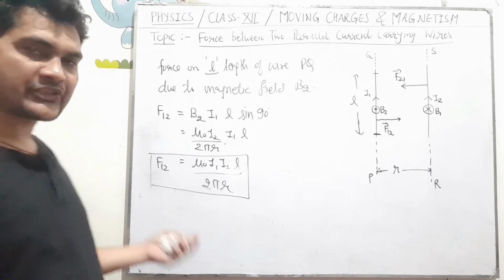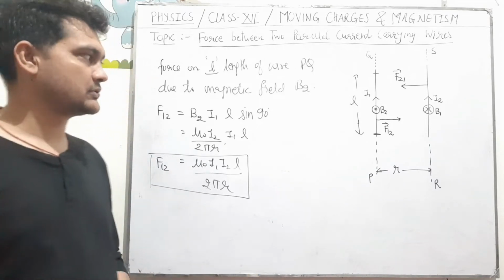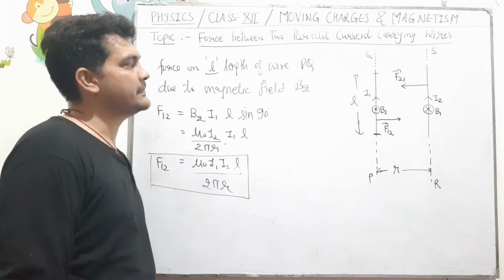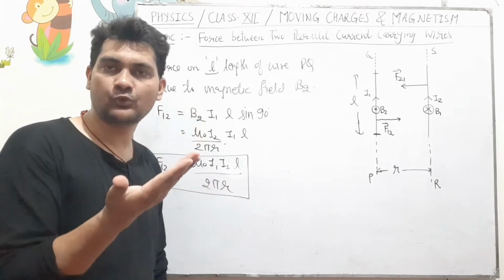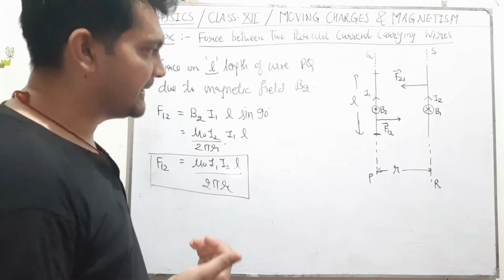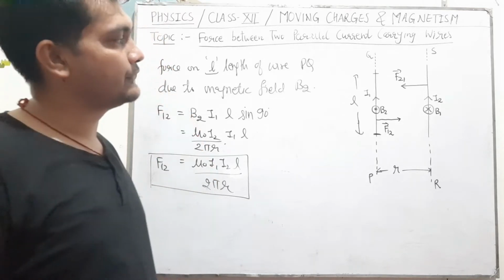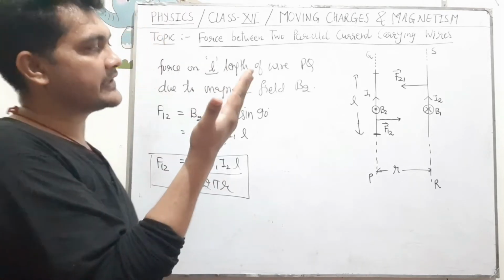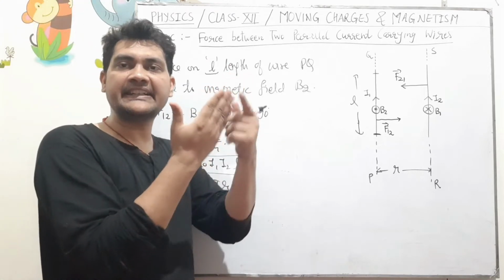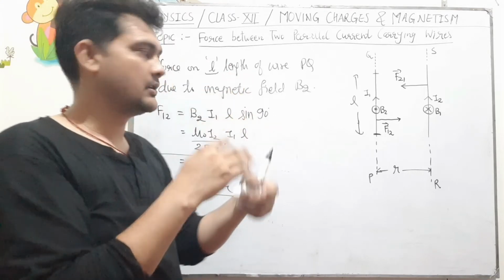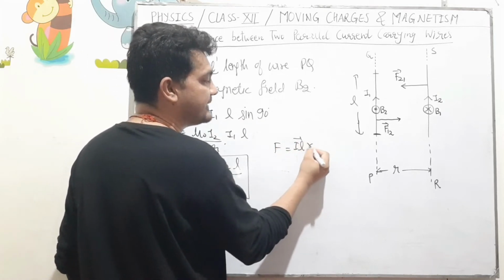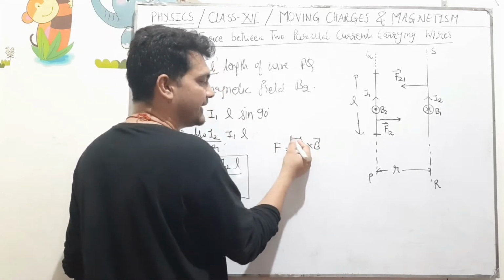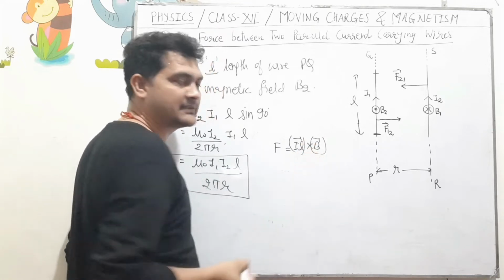And what is its direction? Let us see what is the direction of the force. The direction of the force can be found using the right hand thumb rule, or the right hand palm rule you can apply. Applying the right hand palm rule, first you keep the fingers of your right hand in the direction of IL, because the force in vector form is given by IL cross B. These are two vectors, one is the IL vector and the other is the B vector.